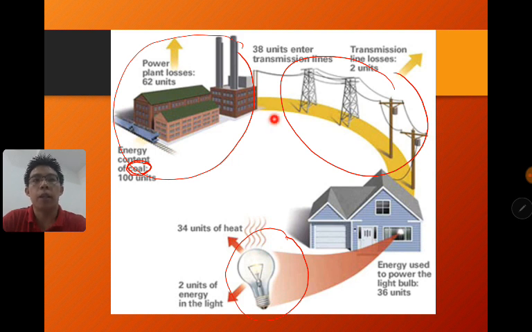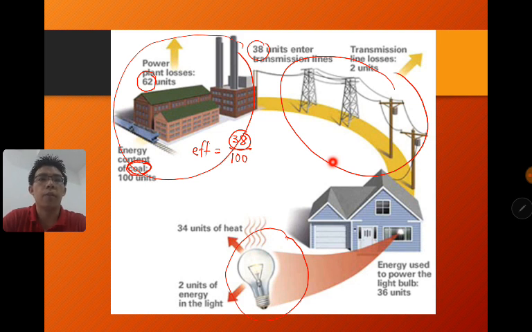The power plant loses 62 units, and 38 units enter the transmission line. With these numbers given, 100, 62 and 38, we can get the efficiency by using the 100, which is the input, and on top we should put the 38, because that is the purpose of this power plant, to generate the power to be transmitted.